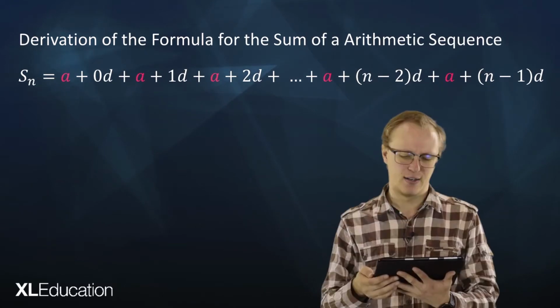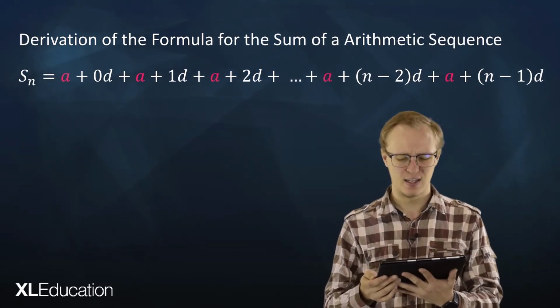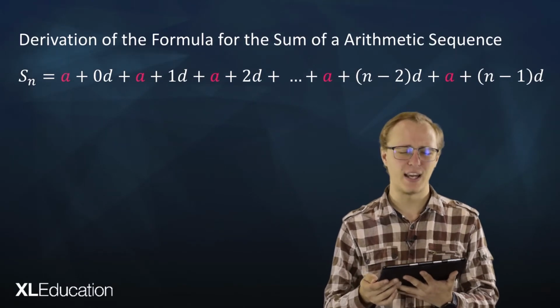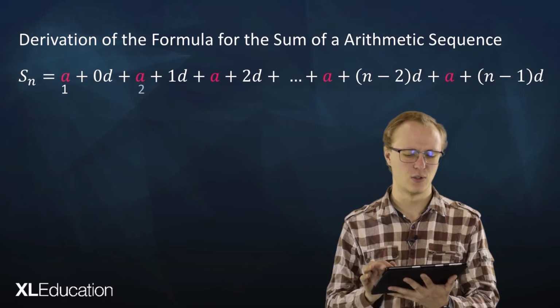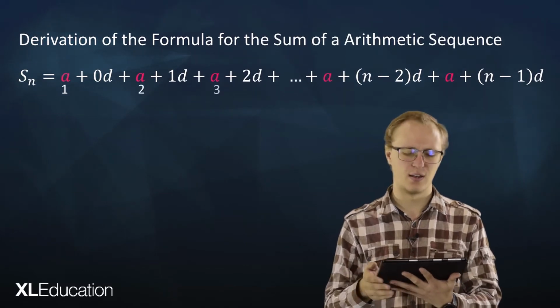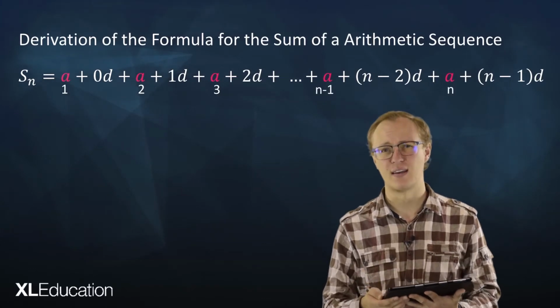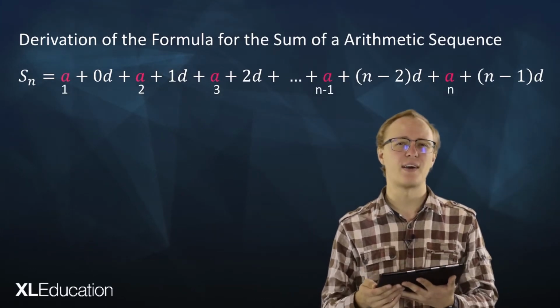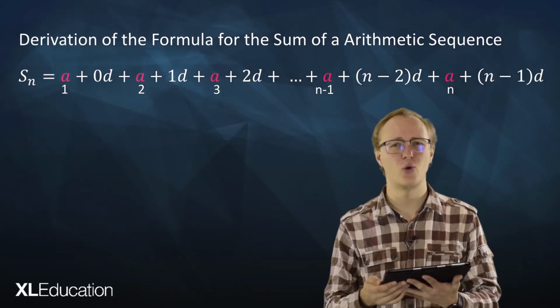What's next? Now, I'd like to draw your attention to the a's there. Now, the question is, how many a's do we have? So we have an a from term 1, an a from term 2, an a from term 3, an a from term n minus 1, and an a from term n. In other words, we have n a's in that expression there, all added together.